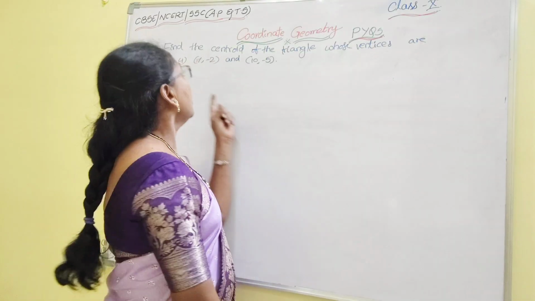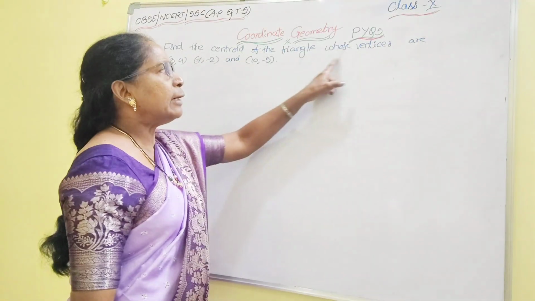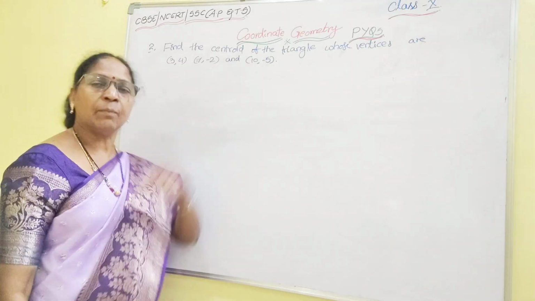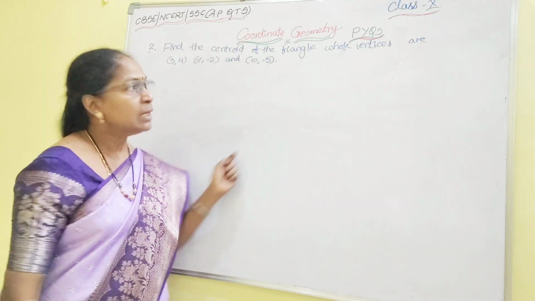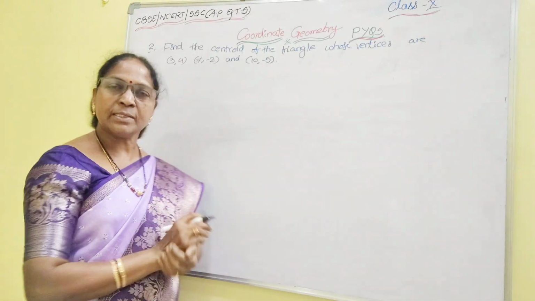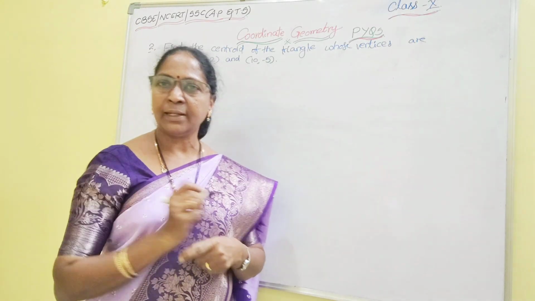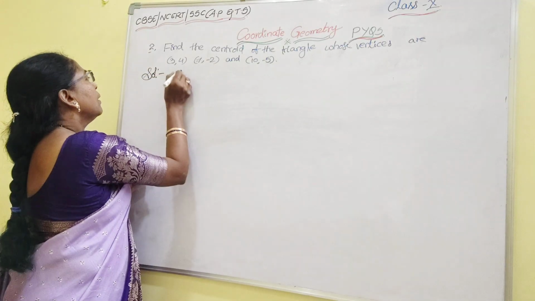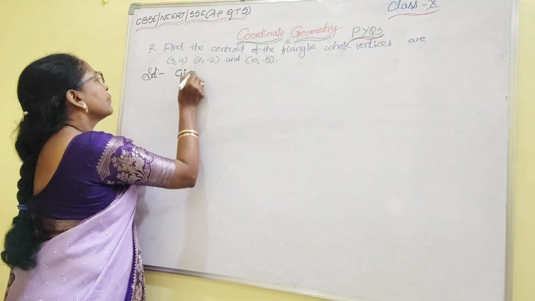Next question here. Find the centroid of the triangle whose vertices are 3, 4, minus 7, minus 2 and 10, minus 5. This is the direct question. See, 3 vertices of a triangle are given. Use those vertices and you have to find out the centroid of the triangle. First write down that given data. What are given?